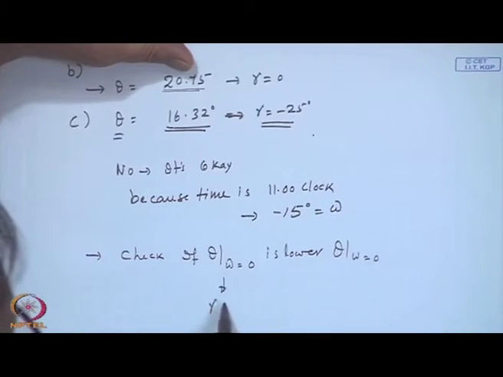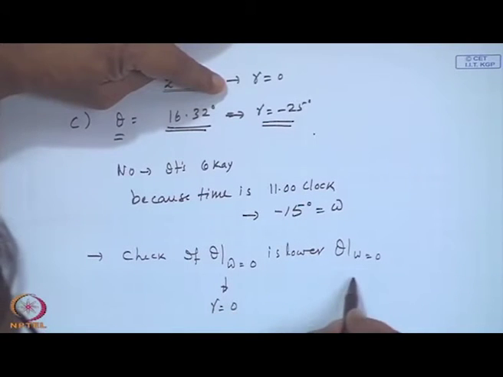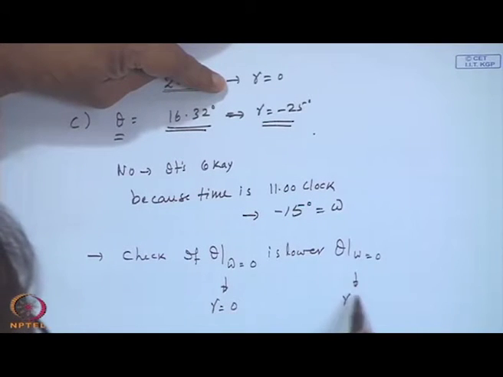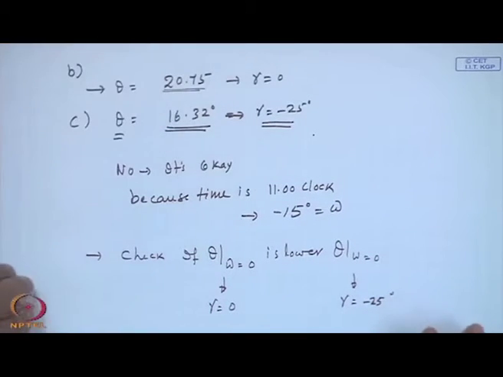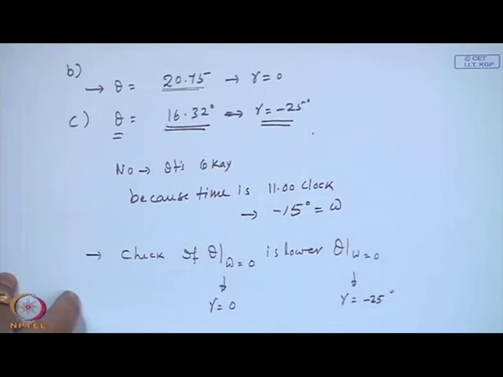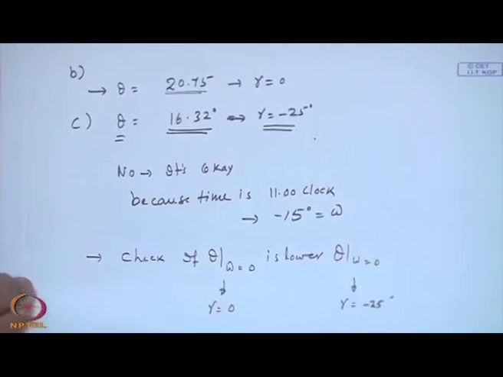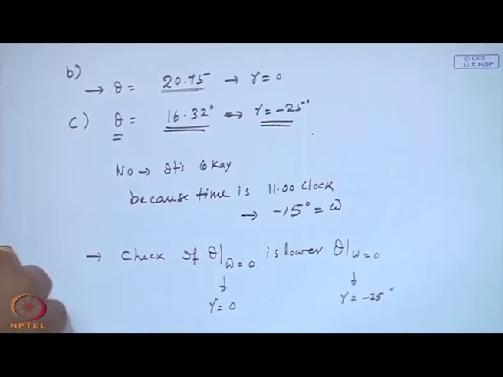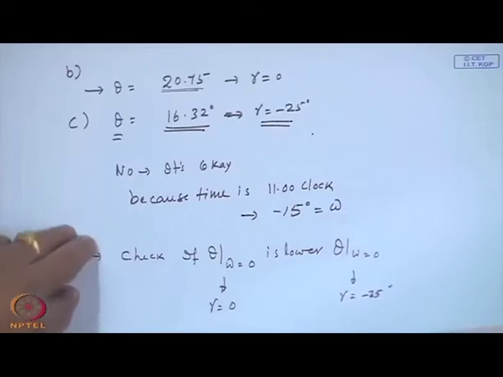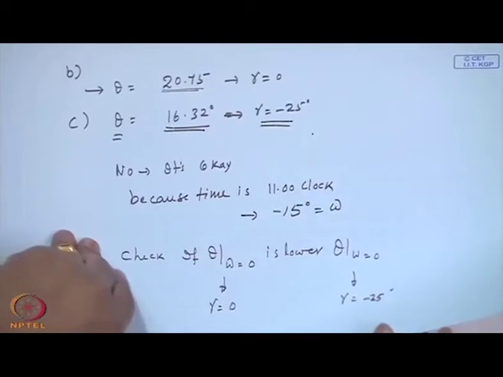This is for gamma equal to 0, and this is for gamma equal to minus 25. So, if you turn towards the east with a 25 degree angle, and compare with facing south with gamma equal to 0 degrees, you can check whether the angle of incidence for the south facing surface is lower or not at noon time.